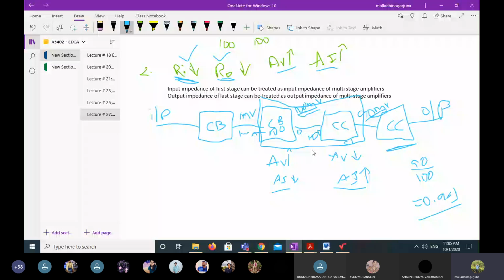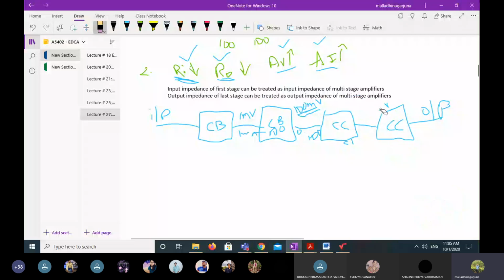The CB amplifier is good for voltage gain but the CC amplifier is not. Similarly, the CC amplifier is good for current gain but the CB amplifier is not. So for that purpose, we should not connect the CB and CC amplifiers in this way.